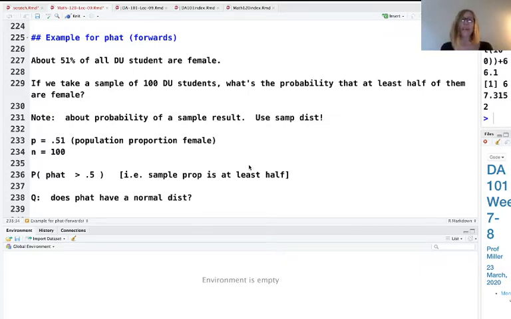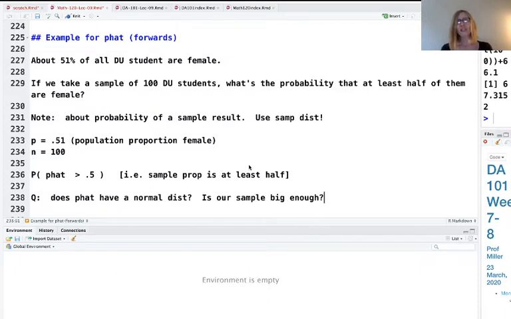So is our sample size big enough? If it is, we're good to go. But we need to check this thing. And for proportions, it works a little bit different. Last time you saw with means, we need n to be at least 30.